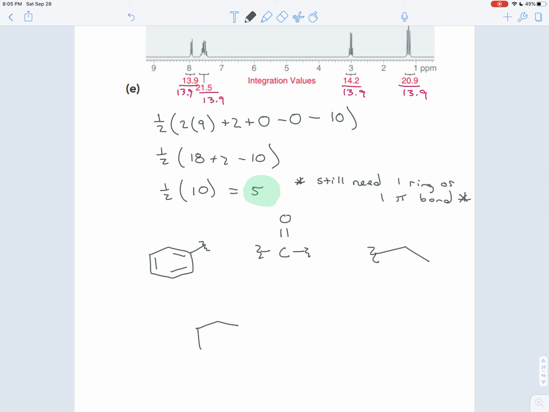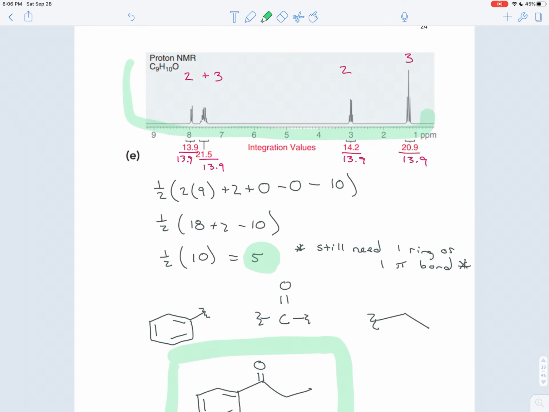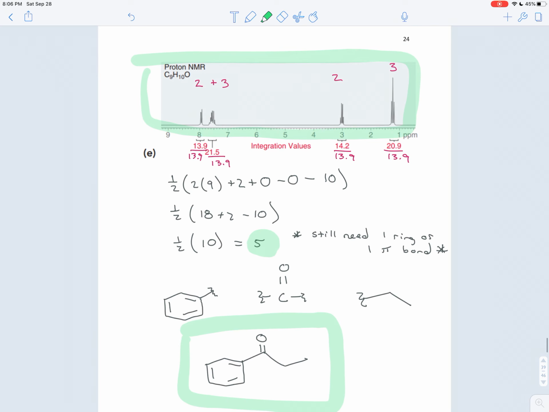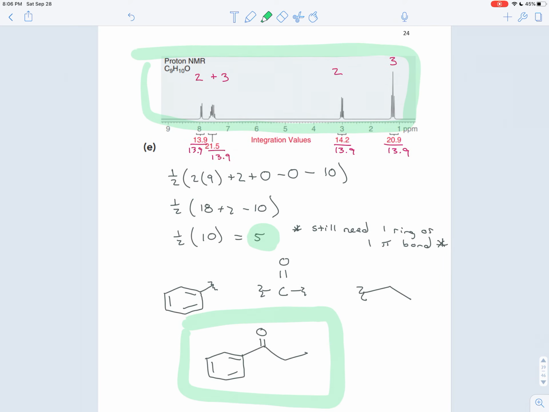You would have the benzene ring connected to the carbon and the carbonyl, and then the ethyl group on the other side. And that would be the structure for that beautiful spectrum there. That's the structure that's revealed by that spectrum.